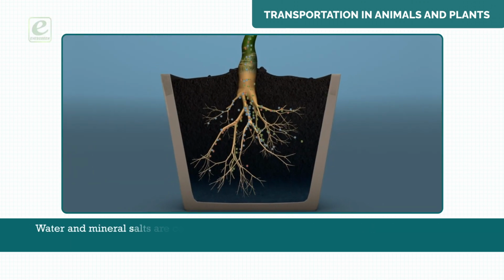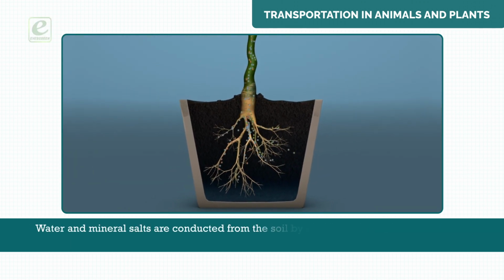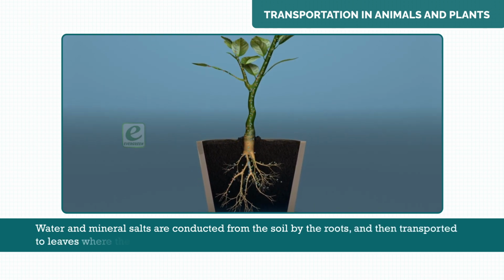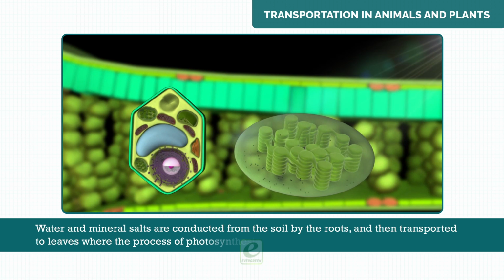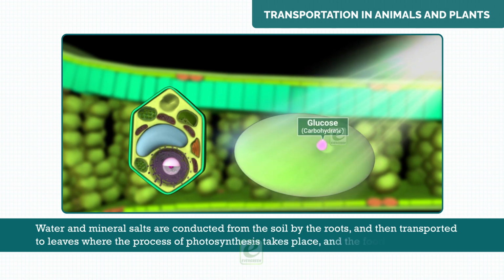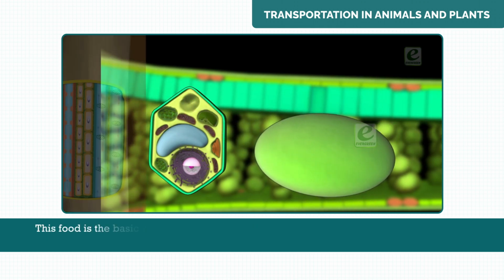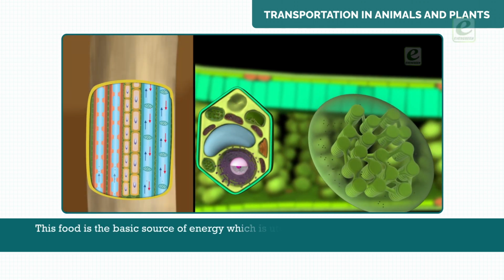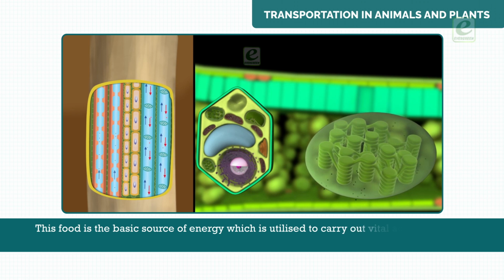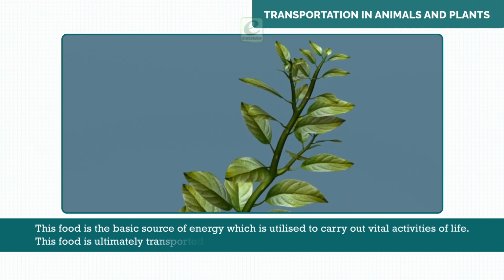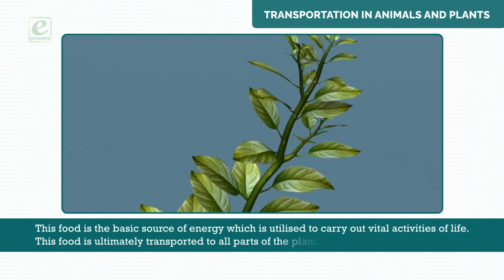Water and mineral salts are conducted from the soil by the roots and then transported to leaves where the process of photosynthesis takes place and the food is manufactured. This food is the basic source of energy which is utilized to carry out vital activities of life. This food is ultimately transported to all parts of the plant.